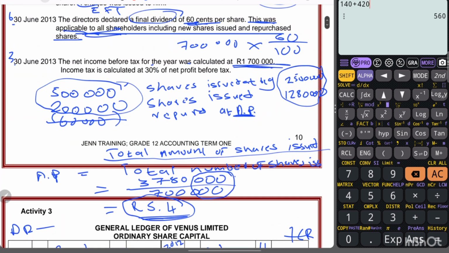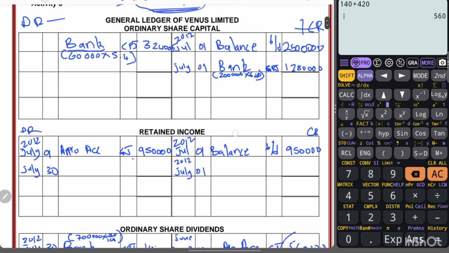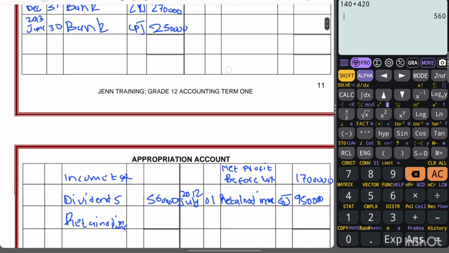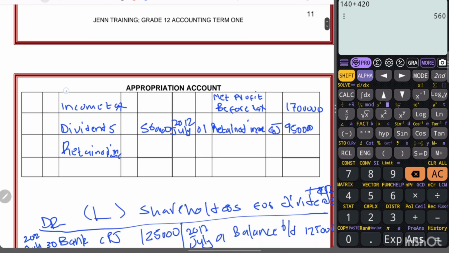Okay, let's continue with our information now. Here now, the net profit before tax is 1,700,000, and then income tax is calculated at 30% of the net profit before tax. Then now we are going to calculate the income tax. How do we calculate the income tax? They are saying it is 30% of the net profit before tax. 30 all over 100. General. Then let's do it on our calculator now.